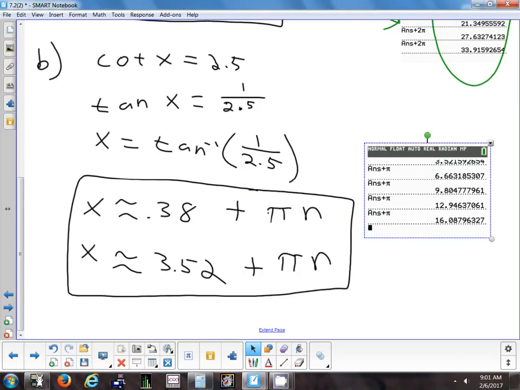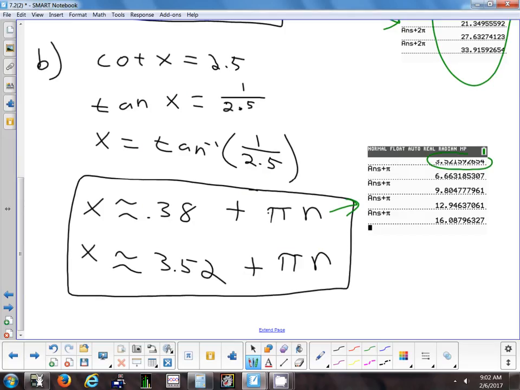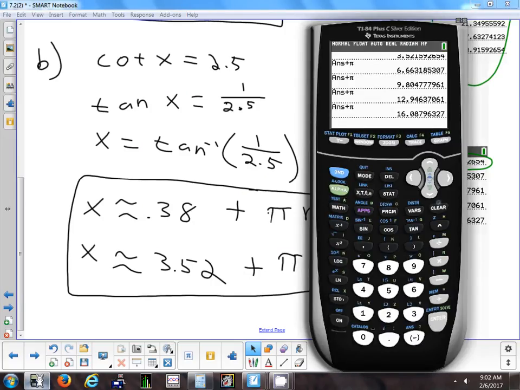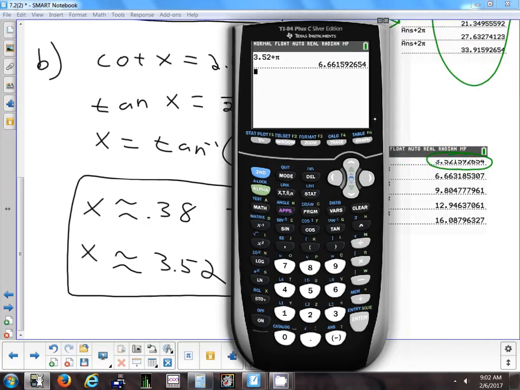Does anybody already notice anything that's going to happen? Yeah, look at, it's hard to see, it went off the screen, but 3.52 was the first answer that I got from this top equation. That's also the answer in the bottom equation. So if you take 3.52 and then add pi to it, look what I get. I get that same answer that I had in the top equation.